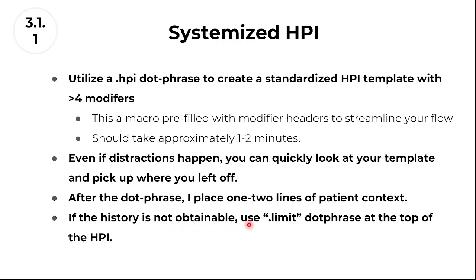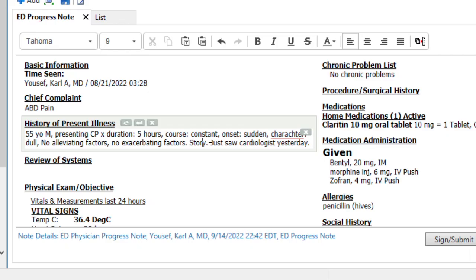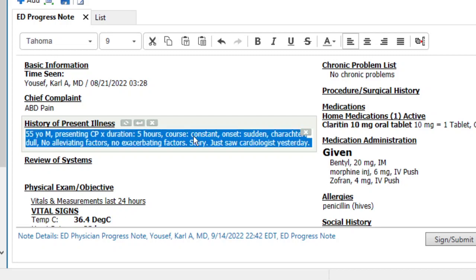So this is just some generic stuff. If the history is not obtainable, you could use a dot limit, a dot phrase at the top of the HPI. That will help you not have to fill out every single modifier. And I can show you a quick example of that. But in fact, you will see that in my dot phrases. So say we are here.